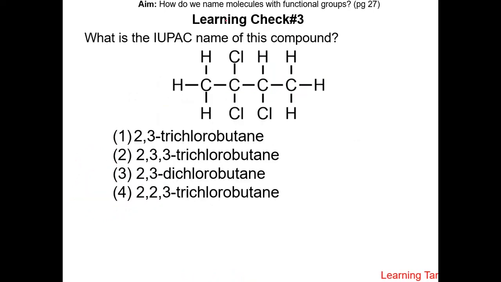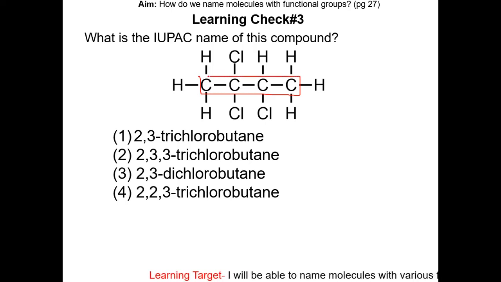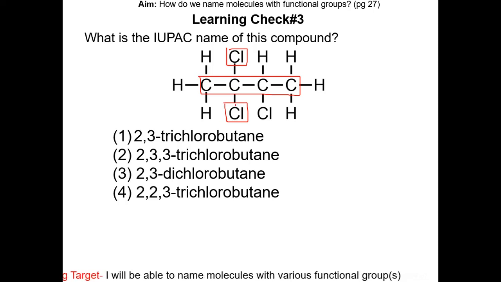Learning check number 3. What is the IUPAC name of this compound? Pause the video. Resume when completed. The parent chain is 4 carbons long with only carbon-carbon single bonds, so it is butane. There are 3 substituents. All 3 of them are chlorine.